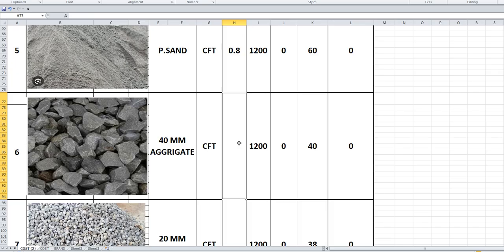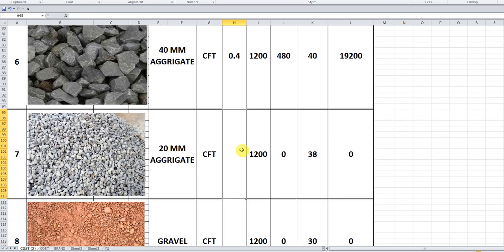For 40 aggregate I will consider the coefficient as 0.4. Then comes 20 aggregate, which is mostly used wherever RCC works are involved. I'm taking it as 1.2 CFT per square feet.